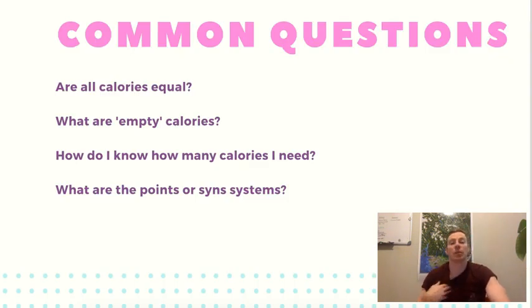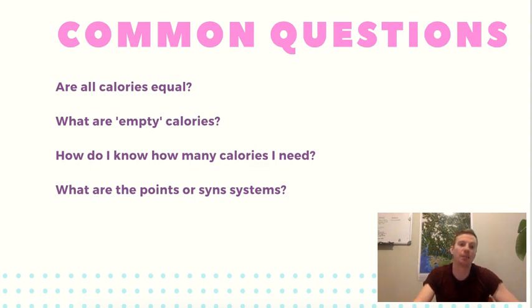So just some of the common questions that come up in terms of calories. Are all calories equal? You'll hear people say that not all calories are equal. In terms of the law of thermodynamics, all calories technically are equal, but where calories aren't equal is that foods will have other effects, like hormonal effects, and the micronutrient and macronutrient breakdown of foods are going to have an impact.